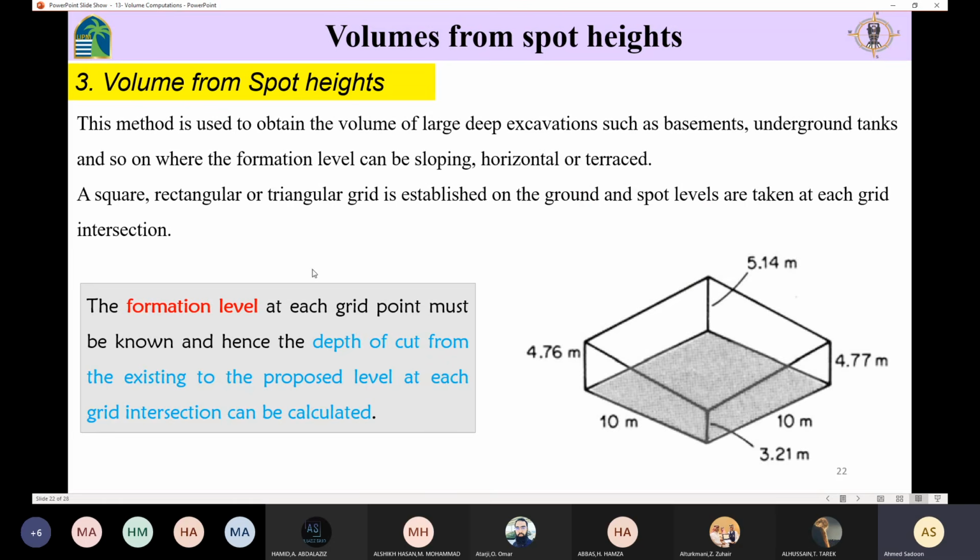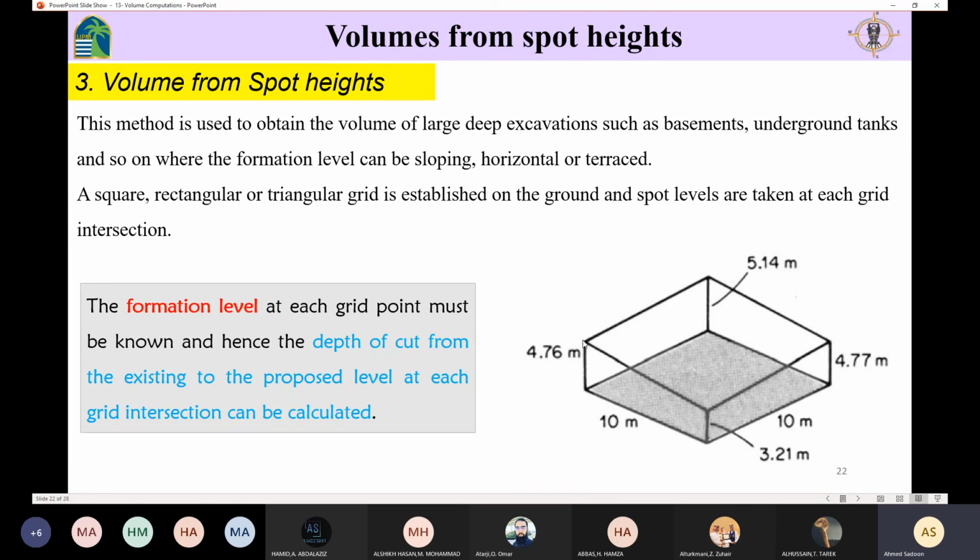In order to use this method, I need to know the formation level. This one is the formation level at each grid point. I need to know this. And the distance from here to here represents the depth cut. In order to get the depth cut, I need to know the existing reduced level.